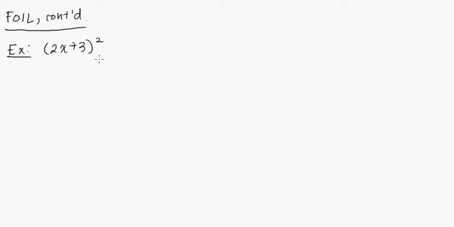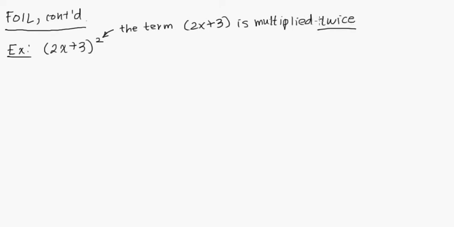Okay, so remember that the squared here means that the term 2x plus 3 is multiplied twice. So then this is equal to 2x plus 3 times 2x plus 3. Okay, so let's do FOIL for this example here.